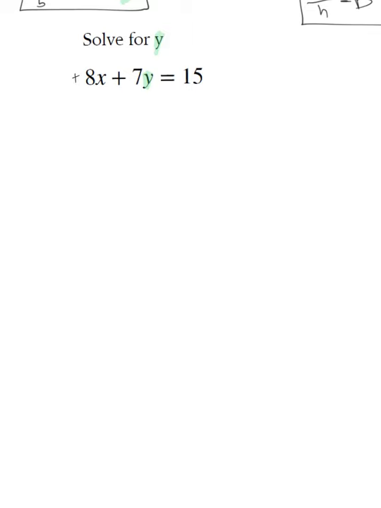Since this is a positive 8x, we would subtract it from both sides of our equation. When you do that, it cancels out on the left-hand side, leaving you just with 7y. On the right-hand side, you're going to be left with 15 minus 8x, or negative 8x plus 15.